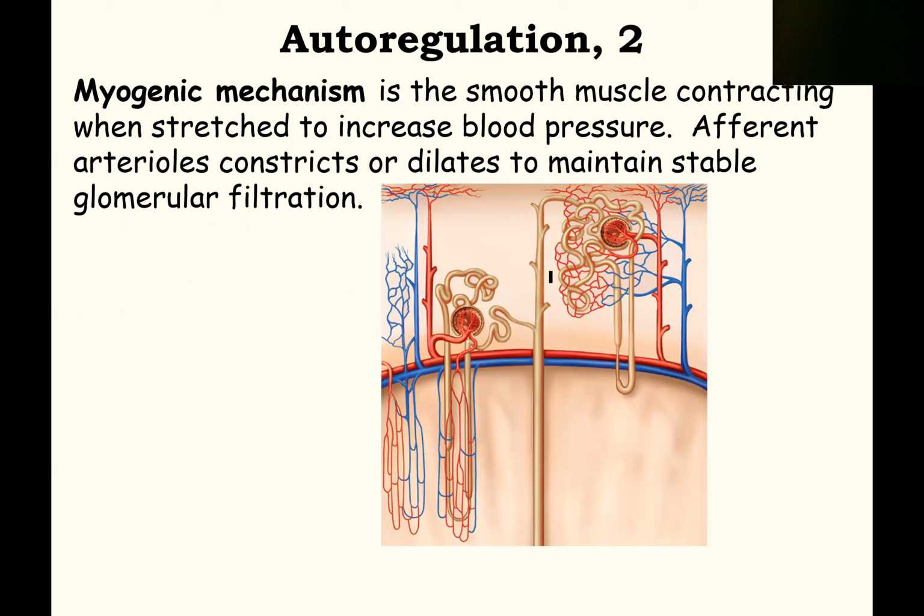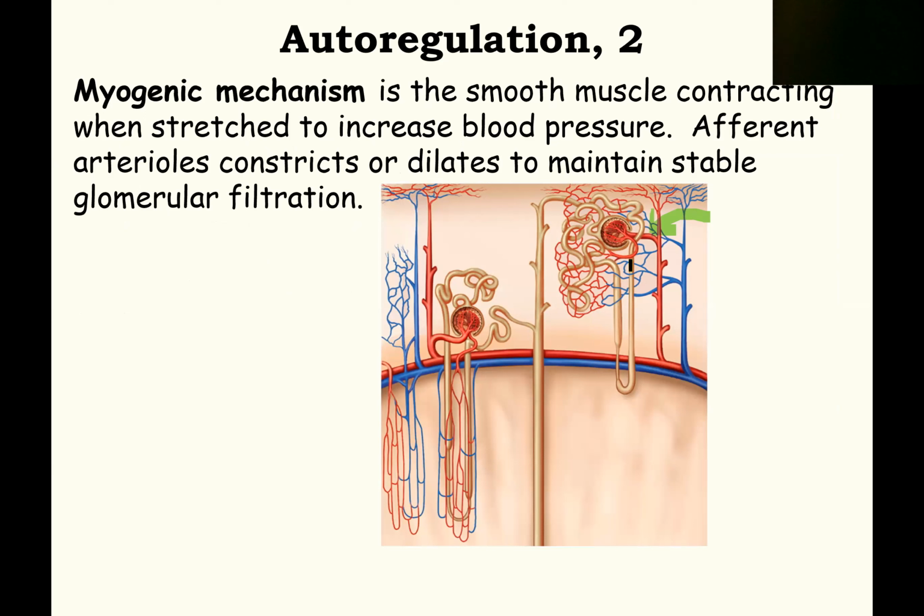Smooth muscle contracts when stretched to increase the blood pressure. So this means that the afferent arteriole is going to vasoconstrict or vasodilate to maintain stable glomerular filtration rates.